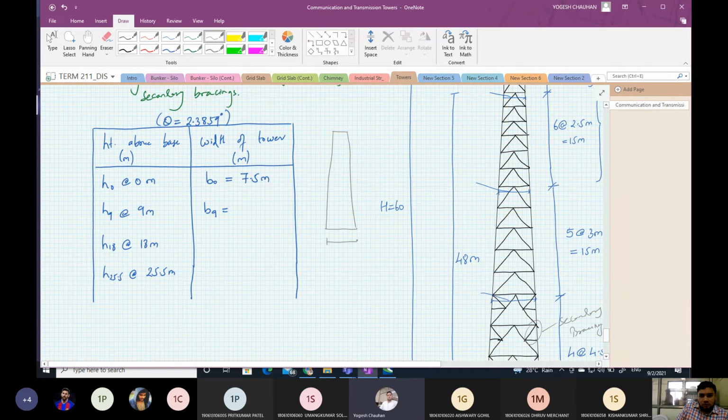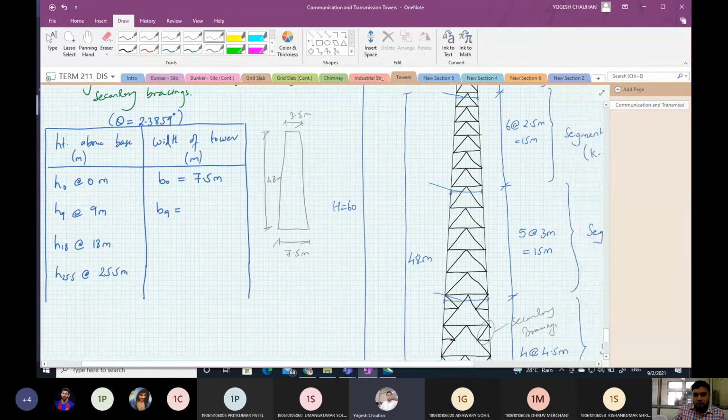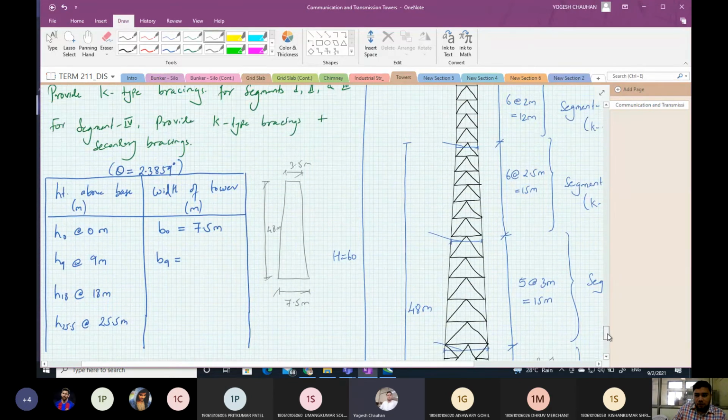Here it is 7.5 meter, here it is 3.5 meter, and this height, the inclined portion, is 48 meter. The width over here is 3.5, same as the top width, because it is a straight portion.